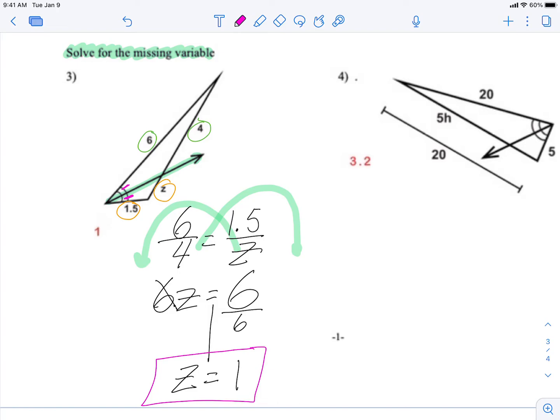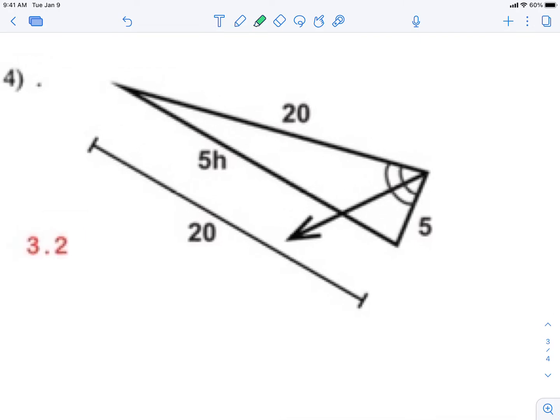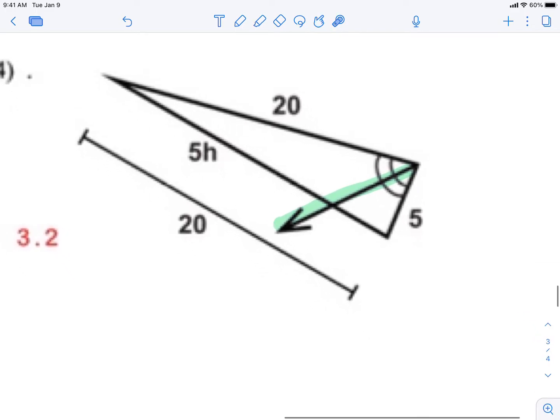That's perfect. Okay. Number 4. Let us identify the bisector, right? This line here is bisecting the angle here, and it's creating 2 equal angles. This angle and this angle are the same.